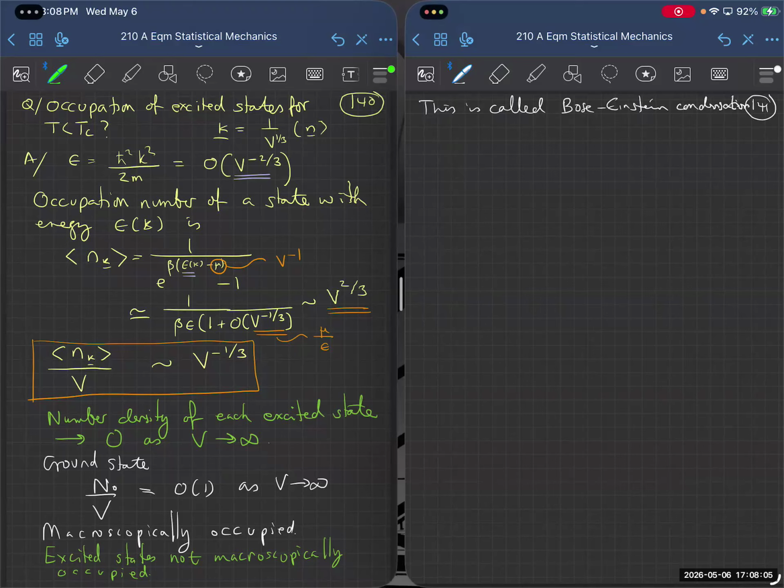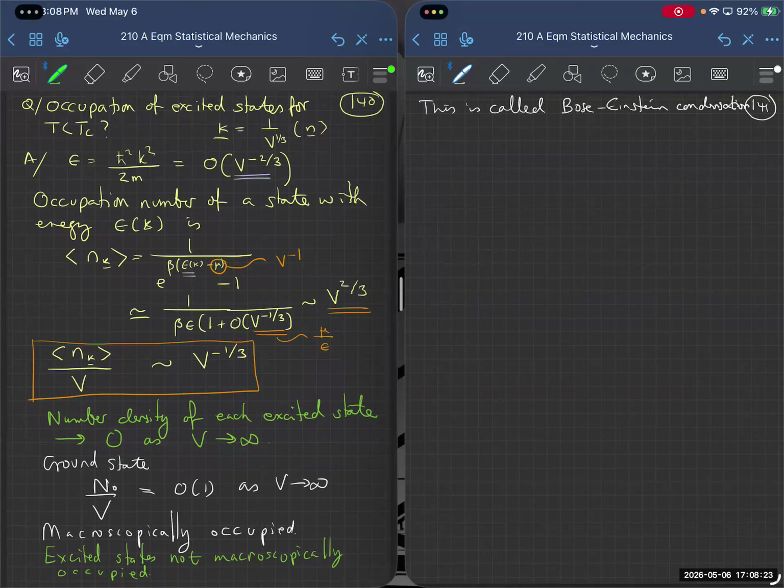It's called Bose-Einstein condensation because Bose figured out the Bose-Einstein distribution, and Einstein figured out the Bose-Einstein condensation, the thing I just showed you.